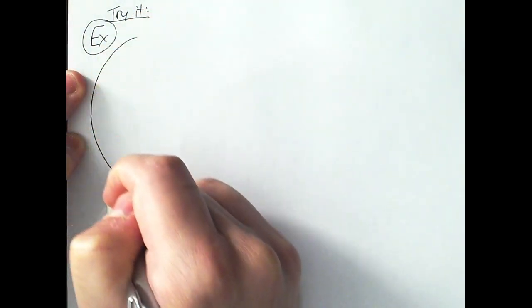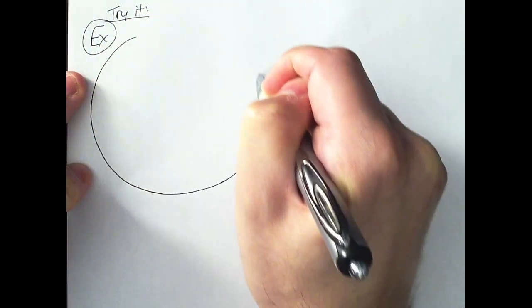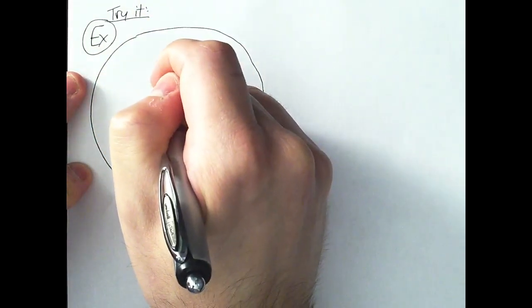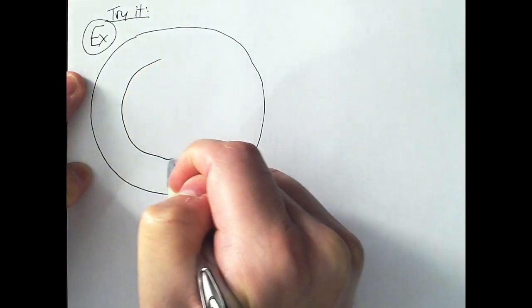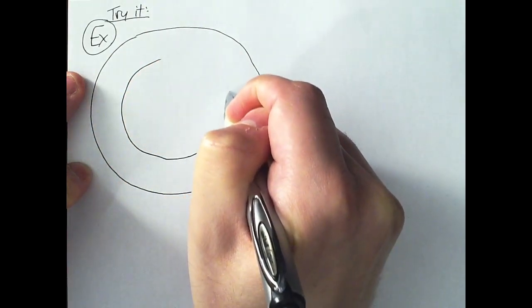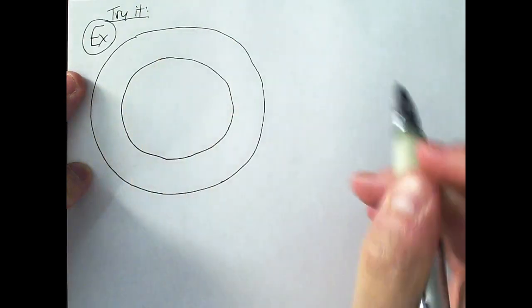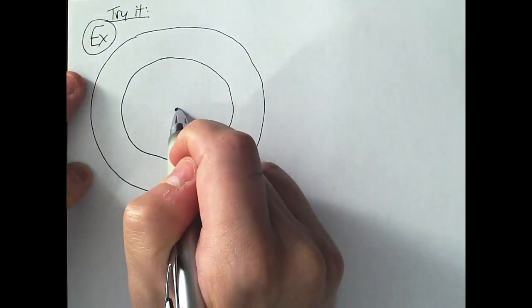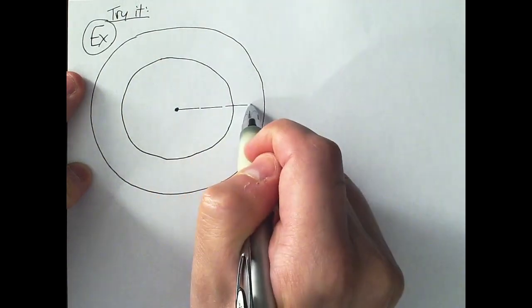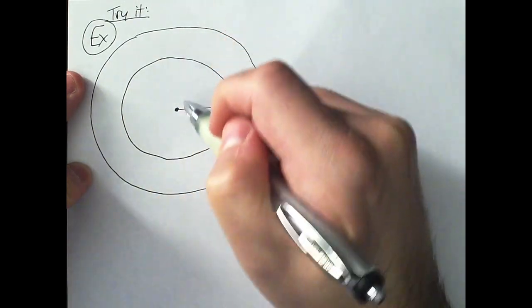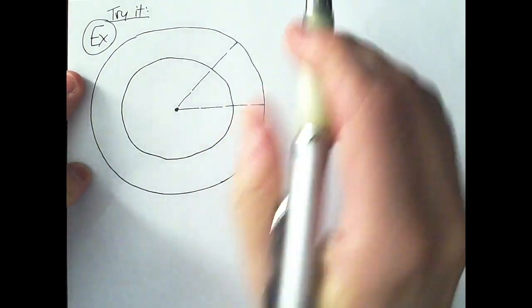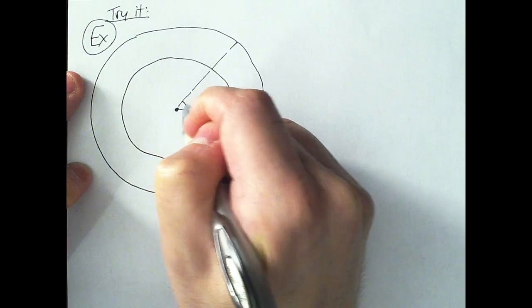So we're going to have 2 circles. Okay, good enough. There's an origin. Going to say that this angle is 45 degrees.